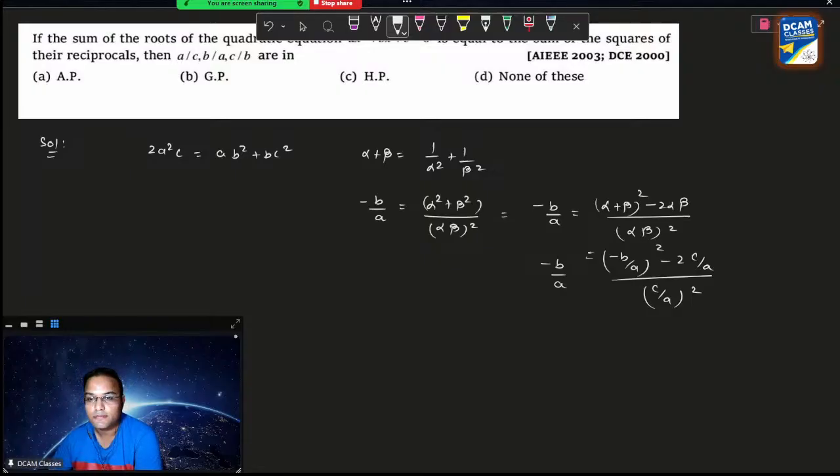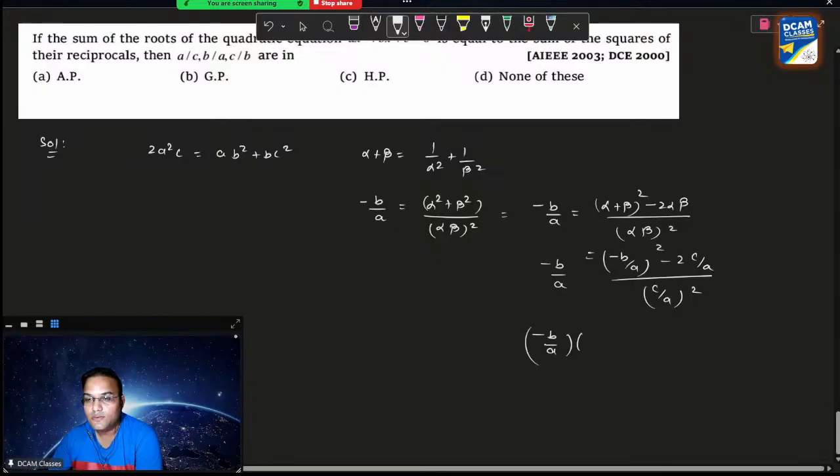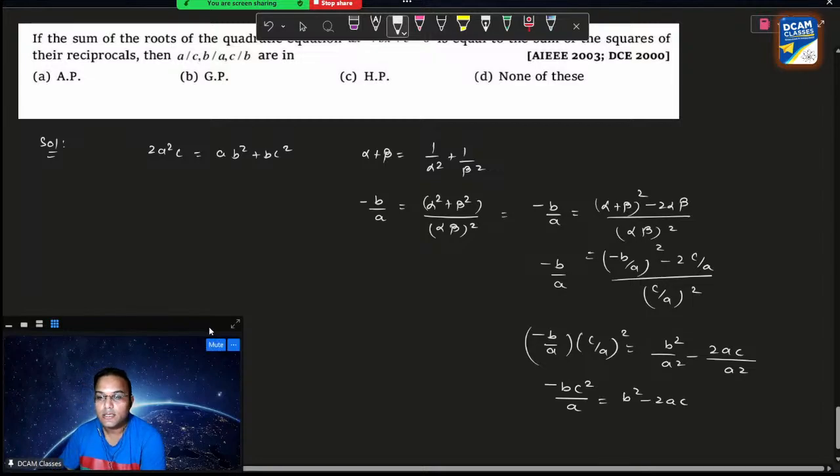Now it will be minus b by a into c by a whole square is equal to b square by a square minus 2ac by a square. So a square will be cancelled. So minus bc square by a is equal to b square minus 2ac should be there.